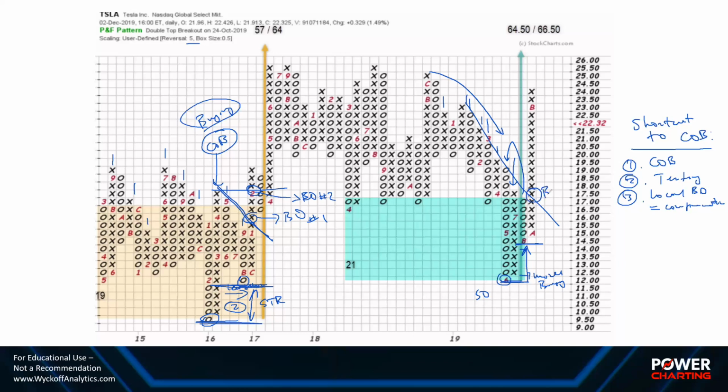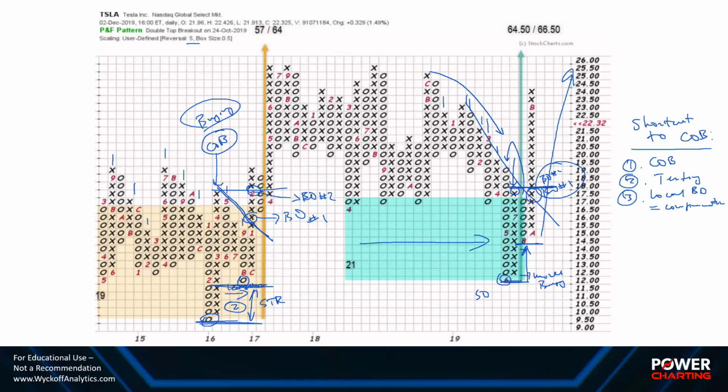Downsloping breakout number 1. So here's your first confirmation. And then you could use the high of the previous rally as your confirmation number 2. So they're pretty close together. And the same sequence of events is suggestive that now from a non-trending environment, we are going to go into a trending environment, in this case, the uptrend.